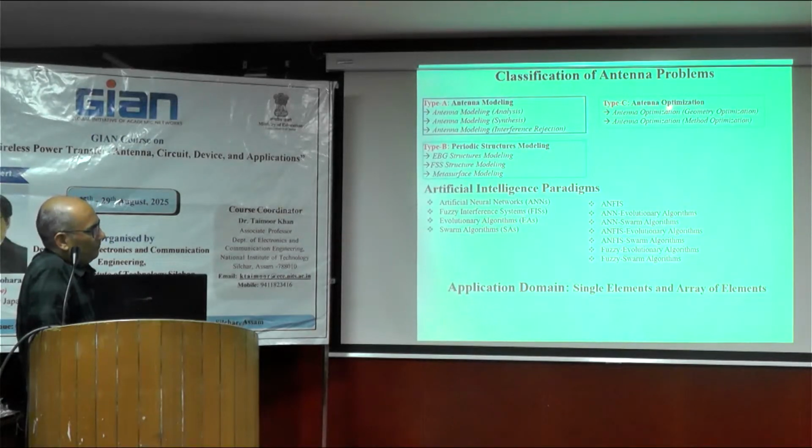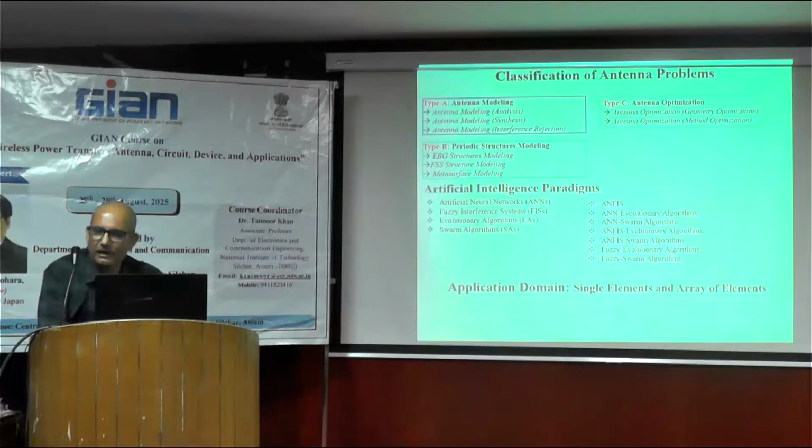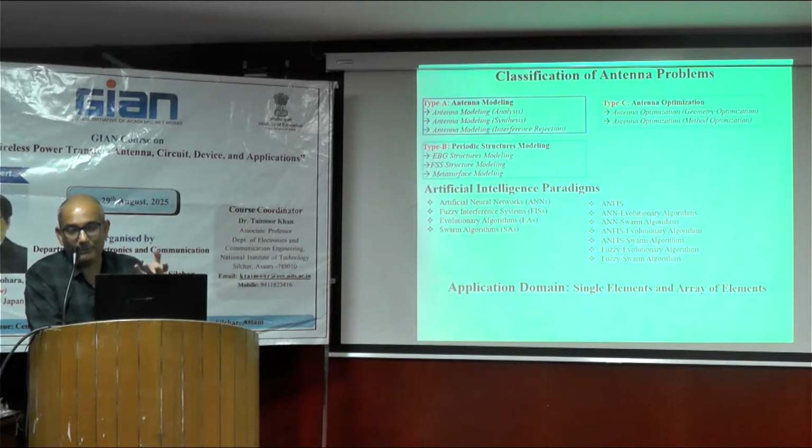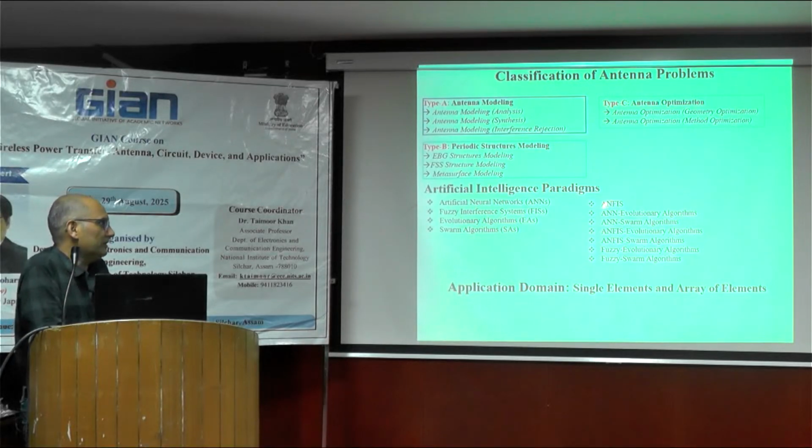And coming to optimization, it is defined into two different categories. One is specific geometry optimization, and the second is optimizing the methods. Then these two categories may be further extended. Coming to artificial intelligence, it may be ANN, fuzzy, evolutionary algorithms, swarm algorithms. Then a combination of these may also be used.